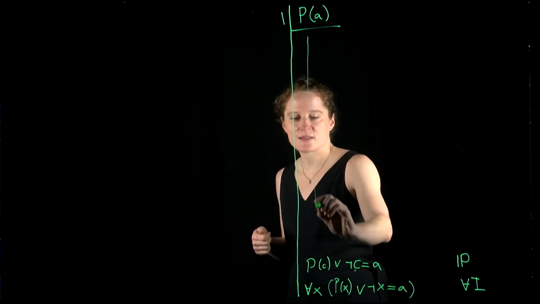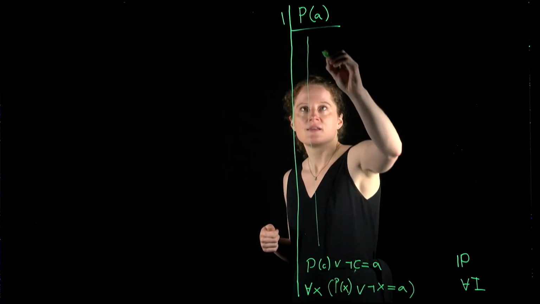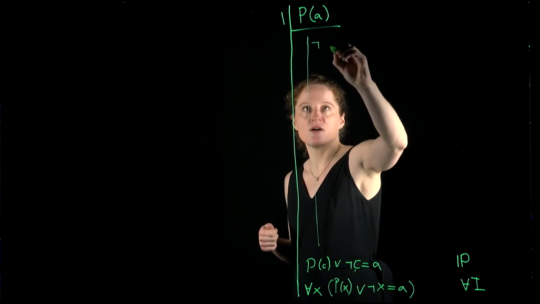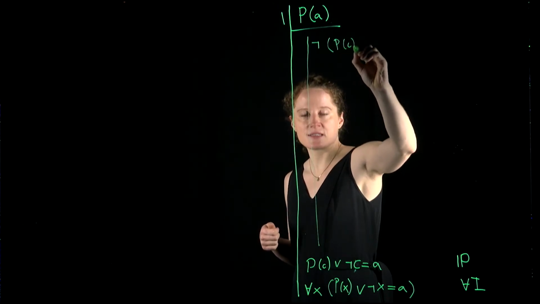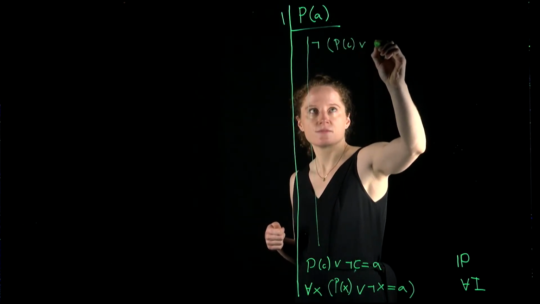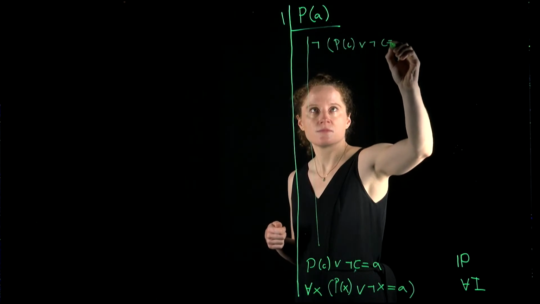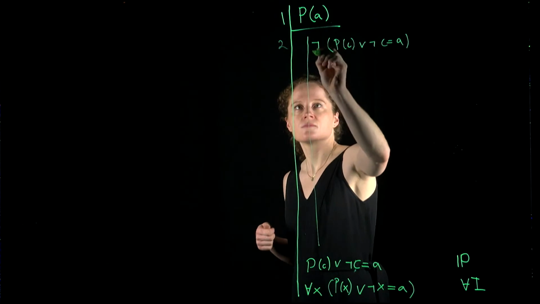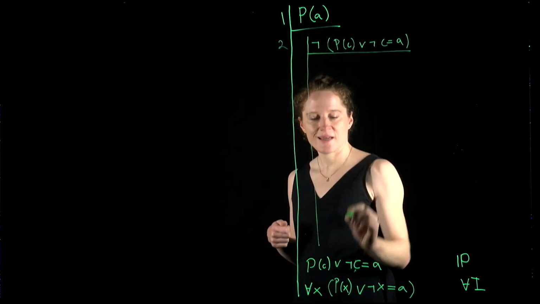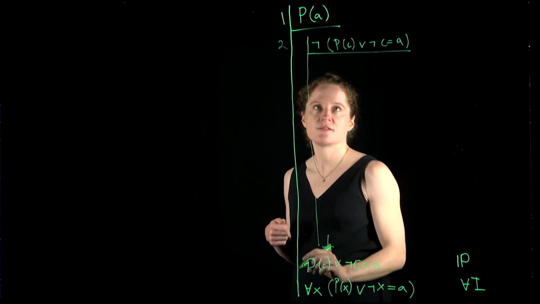IP requires me to set up a subproof that starts with the negation of what I want to prove. So I start out by negating this disjunction here. And I want to derive a contradiction from this assumption.